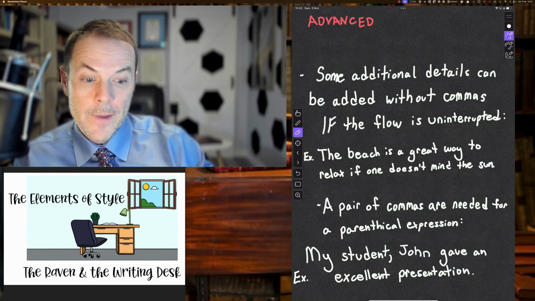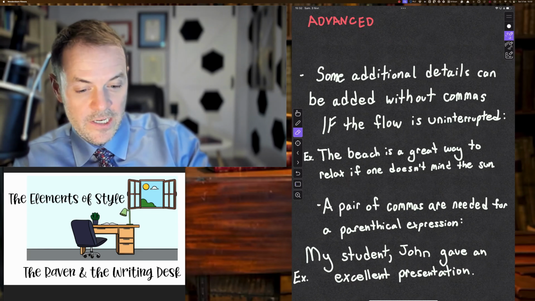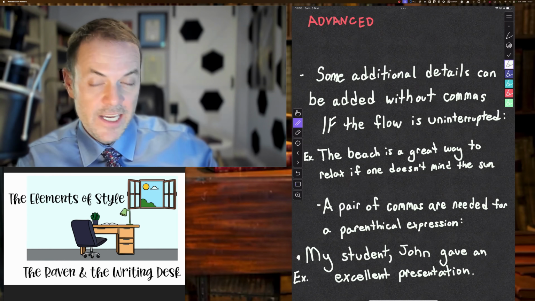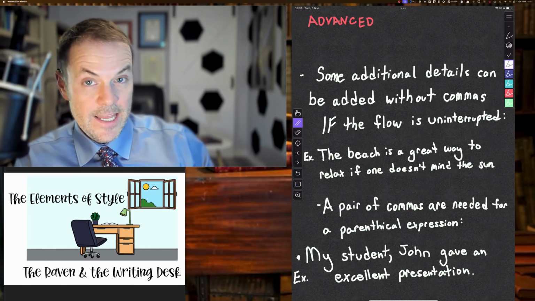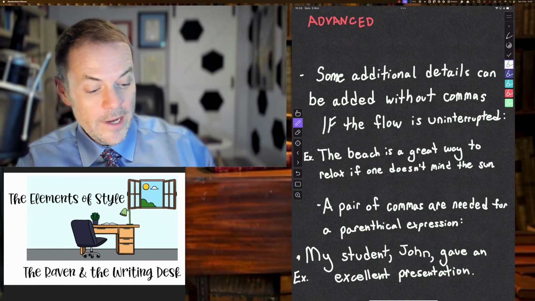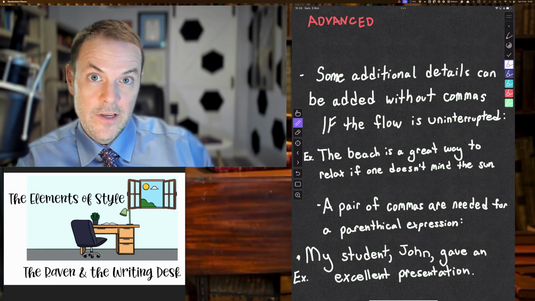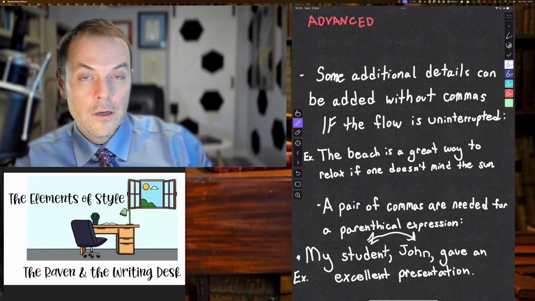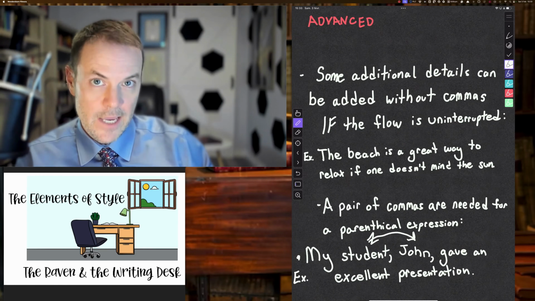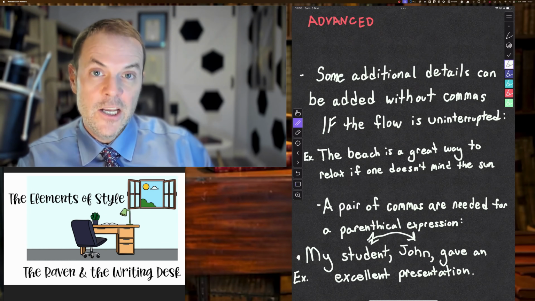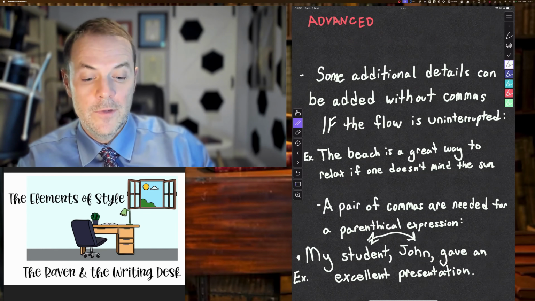Now, the thing about the pair of commas, in this example here, my student, John, gave an excellent presentation. In this sentence, the name of the student, John, is parenthetical. So I need to put commas on either side of it. Now, of course, I can rearrange this sentence to say, John, comma, my student, comma, gave an excellent presentation. Either way works. Just remember that you need to set off the parenthetical expression with a pair of commas.